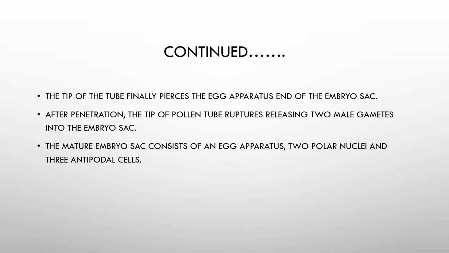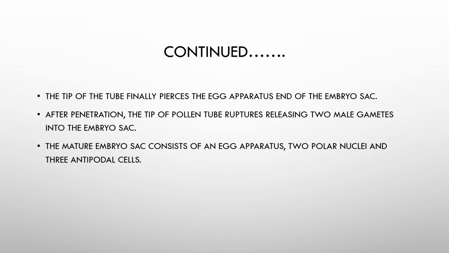You will get this in the diagram in the next slide. The embryo sac is present inside the ovule, and inside the embryo sac there is the egg. That is the egg apparatus. These are the nuclei or small cells present inside the embryo sac.